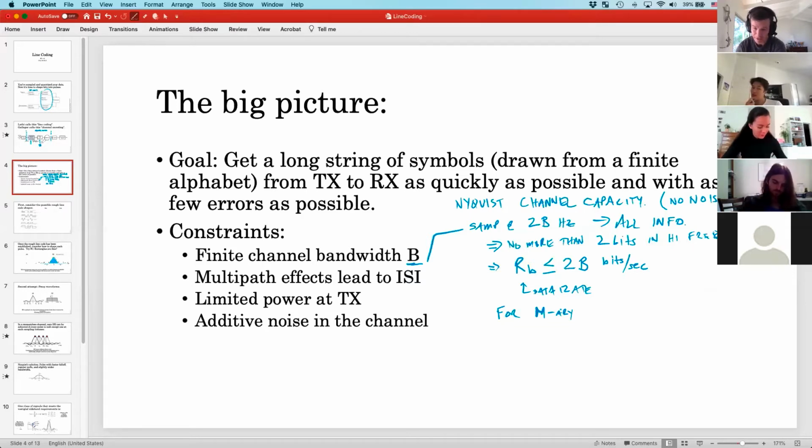Anyway, M-ary signaling is just code for M levels per signal. Then your capacity actually grows to 2B, or not 2B. Just kidding. 2B times the base 2 log of your M levels.